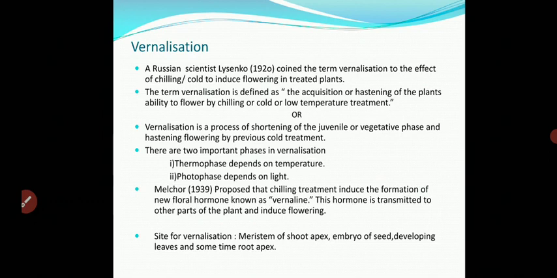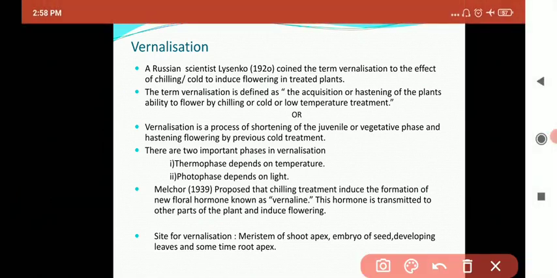So, from this discussion, we can define vernalization as the acquisition or hastening of a plant's ability to flower by chilling or low temperature treatment, or, in a simple way, the process of inducing or promoting flowering in plants by cold temperature.